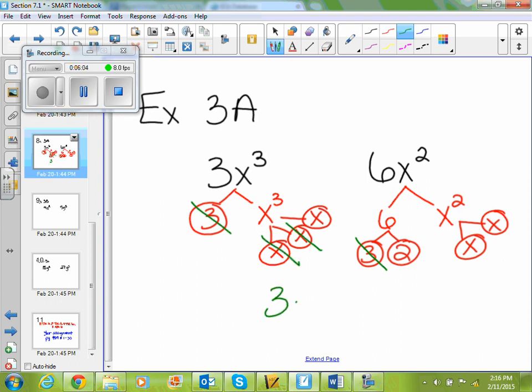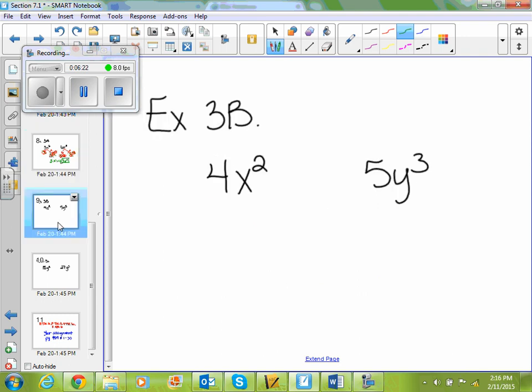And x and x. And how do I simplify that then? 3x to the second. Perfect. So your greatest common factor is 3x to the second. Good. We love easy.